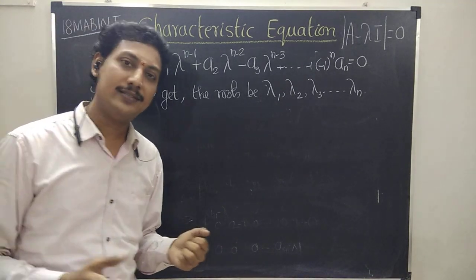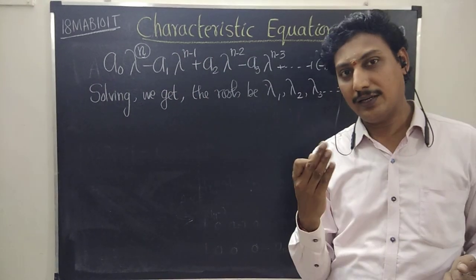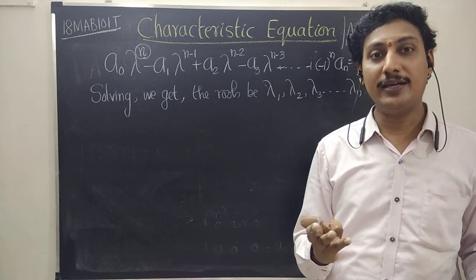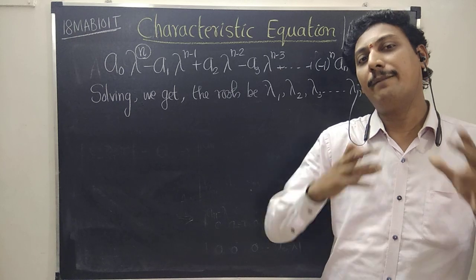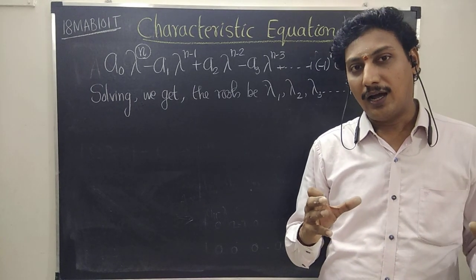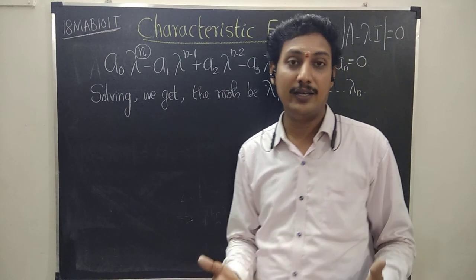Suppose the given matrix is 3 cross 3, then we get a cubic polynomial. Solving the polynomial, we get 3 roots. So the order plays a crucial role. The number of eigenvalues is equal to the order, and the number of eigenvectors is equal to the number of eigenvalues, which is equal to the order.